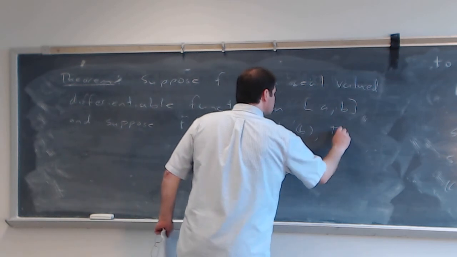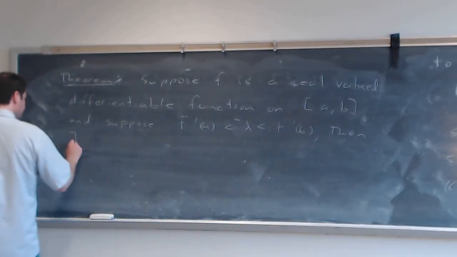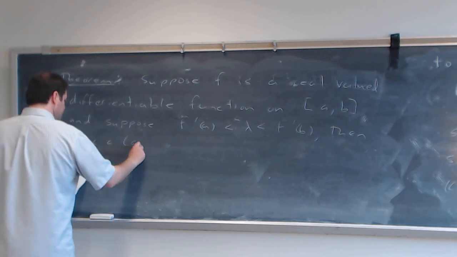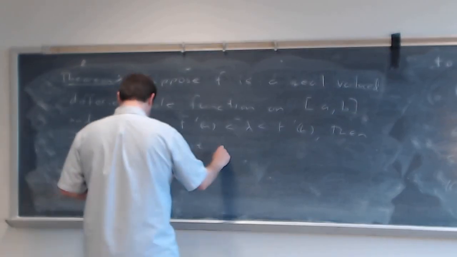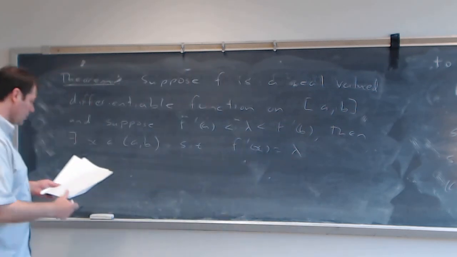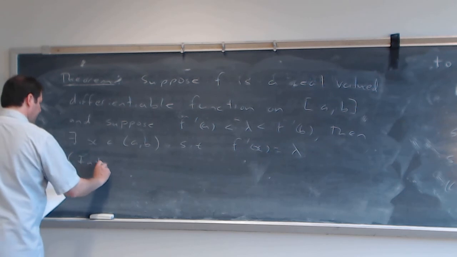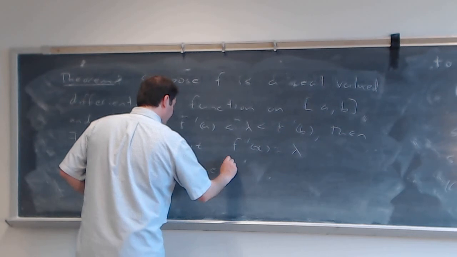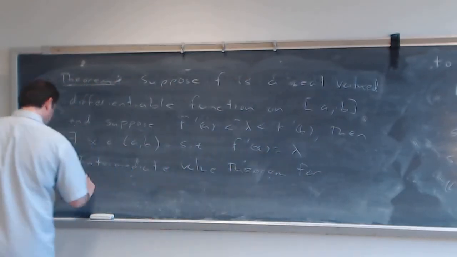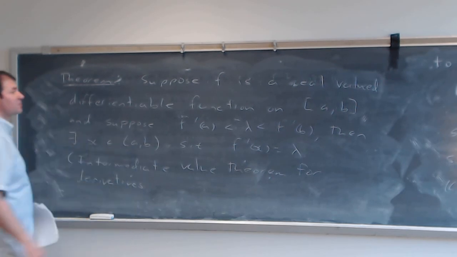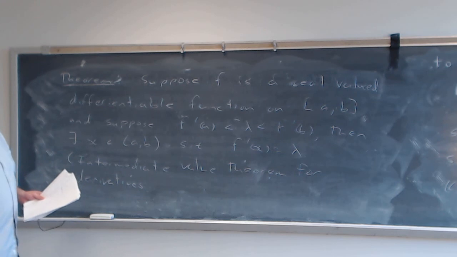Then there exists an x element of the open interval A to B such that f prime of x equals lambda. As I said, this is known as the intermediate value theorem for derivatives. It's based on the function being differentiable on this closed interval.